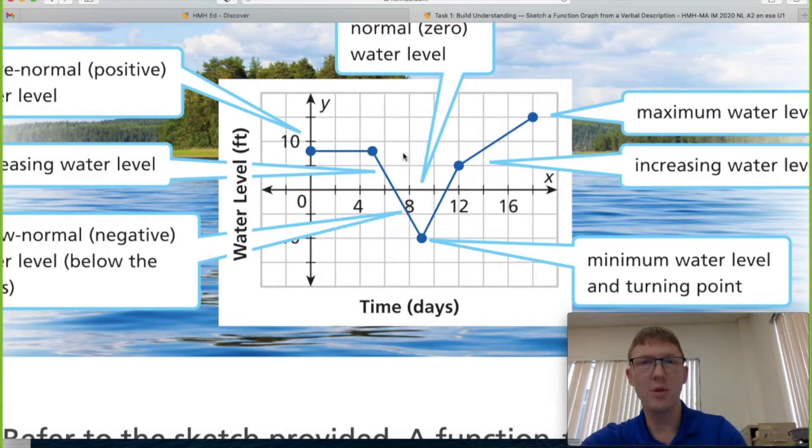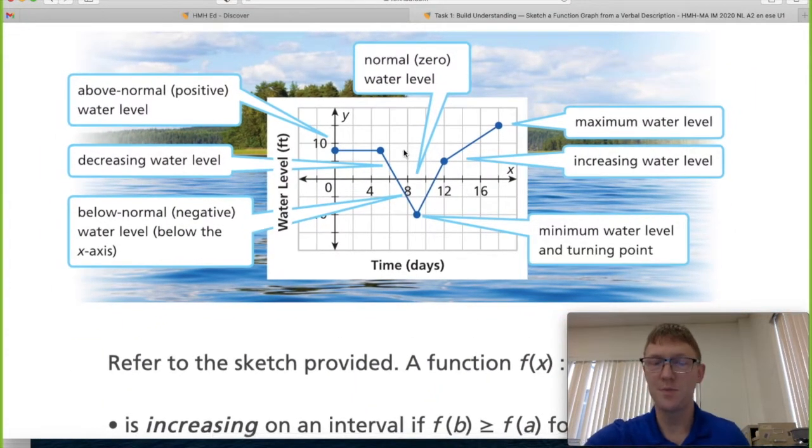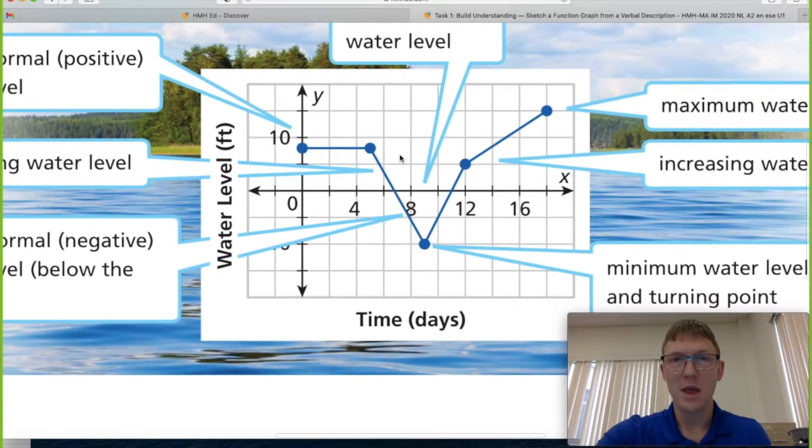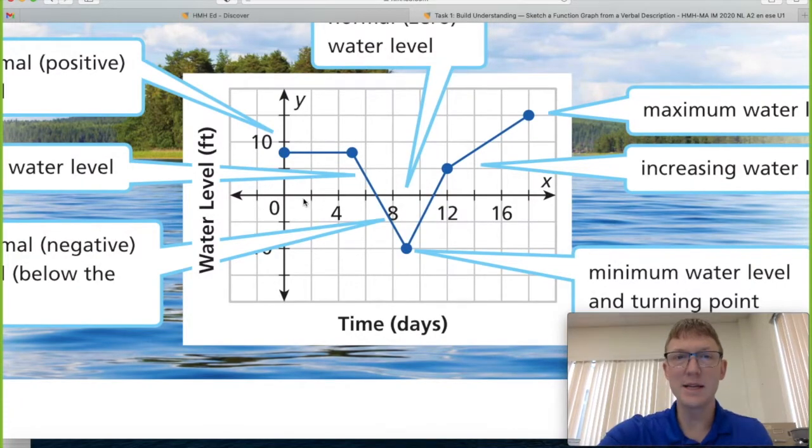So a couple of things that we should note. There are, I guess, 4 words that we're going to talk about real quick. There's increasing and decreasing, and then positive and negative. So don't get those 4 words confused. This graph is positive anytime it is above the x-axis.